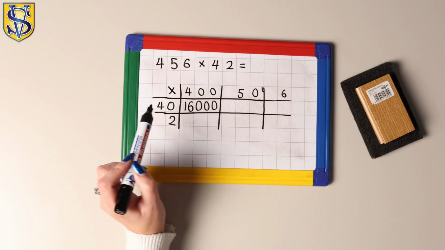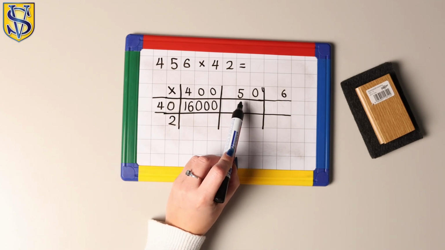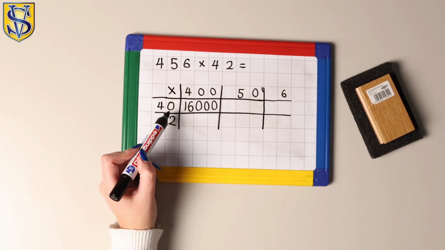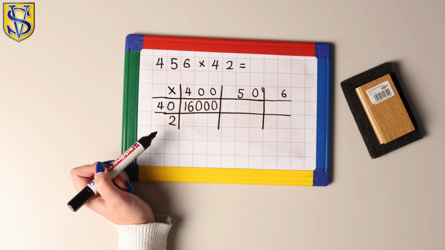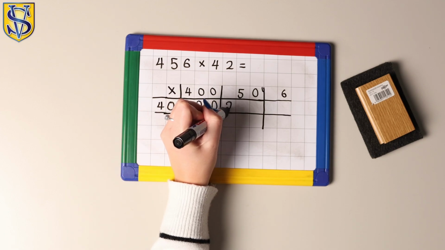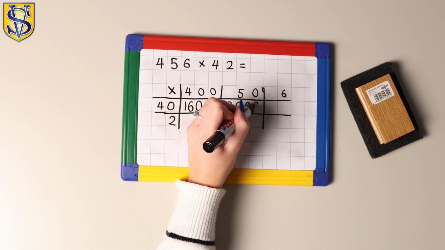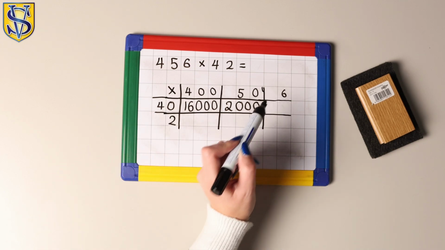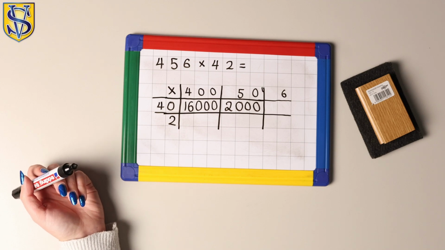So 50 times 40, or in this case, we're going to do 5 times 4 is 20, and then times the answer by 100, and the answer will become 2,000.